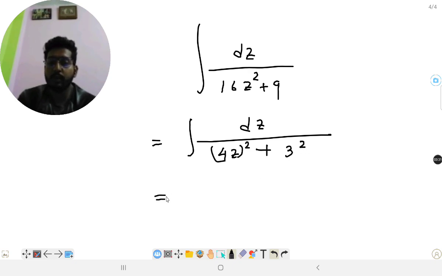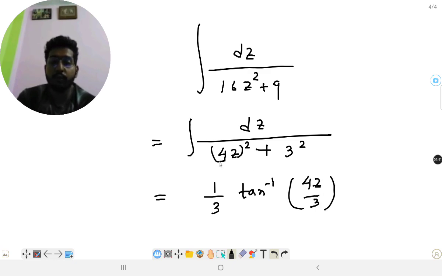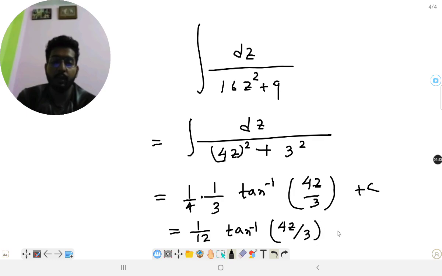Now for x square plus a square, the formula is 1 by a tan inverse x by a. The coefficient of z here is 4, so that will be 1 by 4, and plus c, so that means 1 by 12 tan inverse of 4z by 3 plus c.